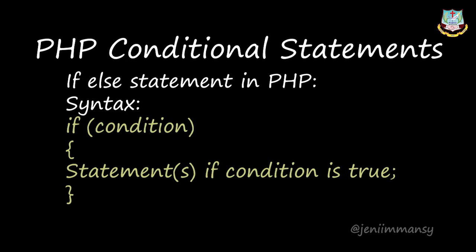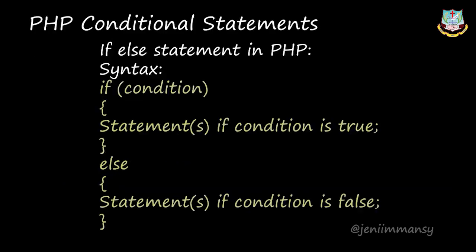If else works in the same way. You write if and then the condition inside a normal bracket, and then the open parenthesis. Then the first set of statements is executed or displayed if the condition is true. Then the parenthesis is closed, and the else section is written the same way: else, open parenthesis, and the statement which has to be executed when the condition is false, and then the bracket is closed.